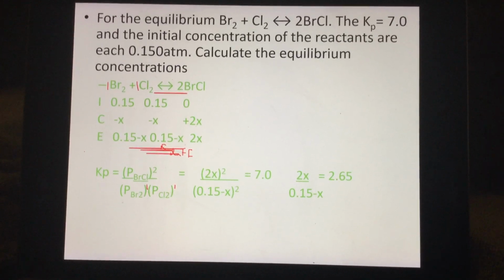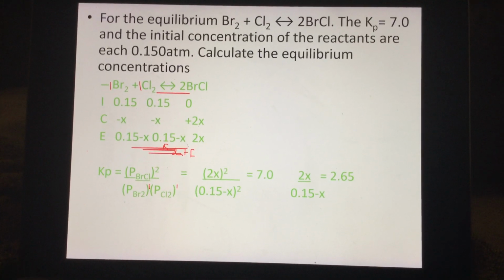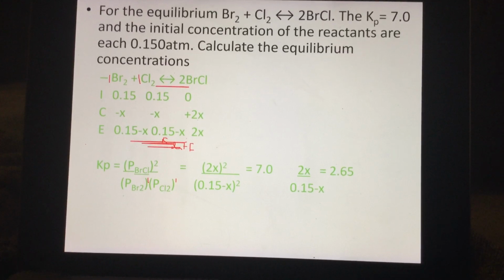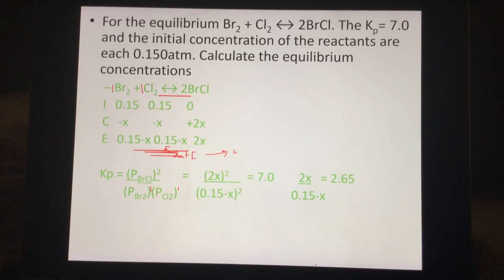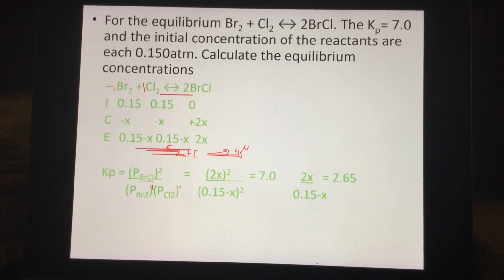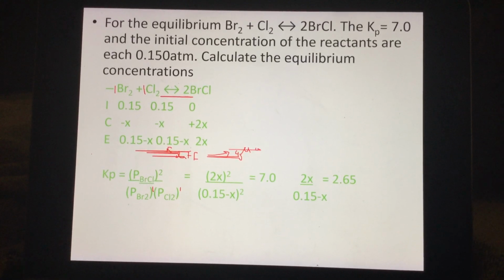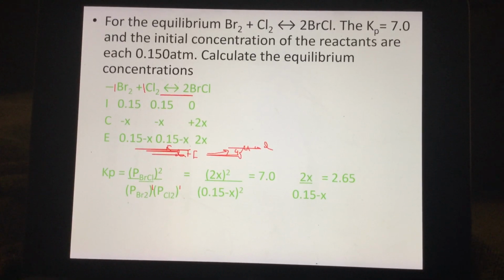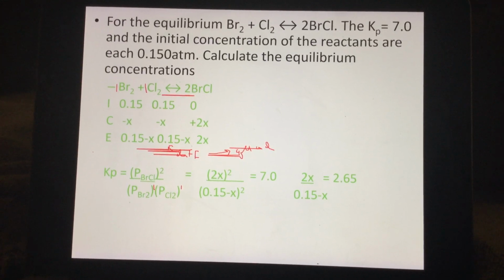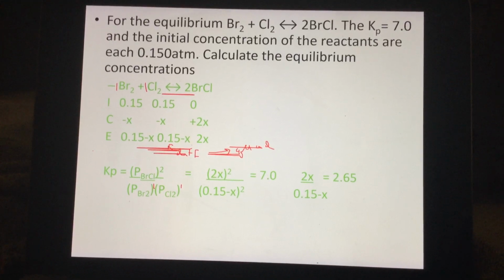So if one of these values here for one of the reactants were different, then we'd have to use the quadratic equation to solve. And I know you all know how to do that, but we're not going to do that. So we would have to use the quadratic equation, but luckily, these are both the same.